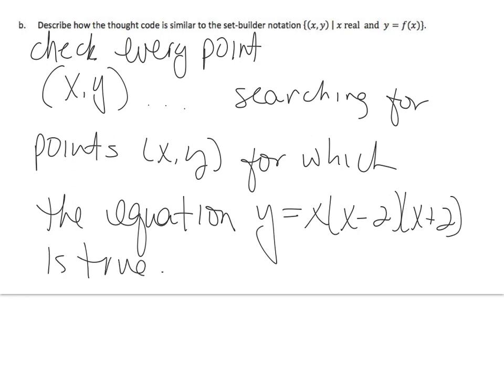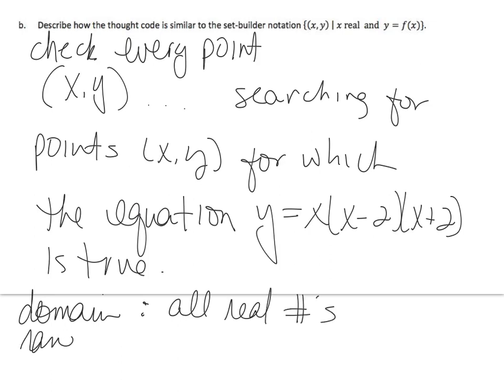The only difference is I'm checking every point, not just the integers listed, negative 2, 2, 0, etc. So in this one, my domain, because we're having a hard time figuring those out, is going to be all real numbers. And my range is also going to be all real numbers.